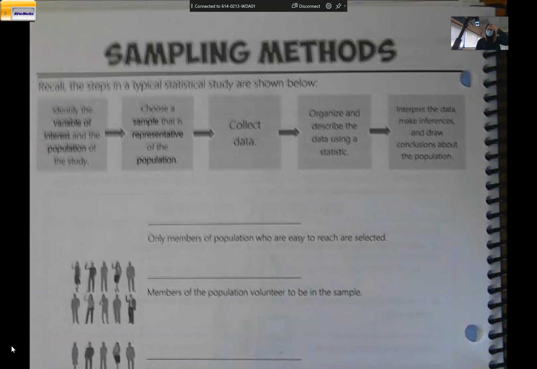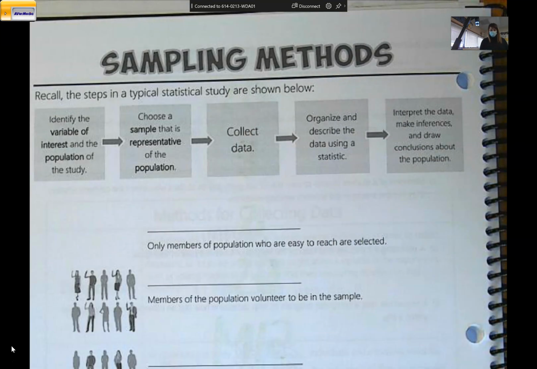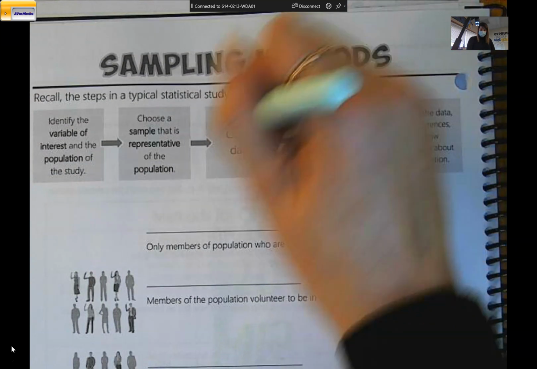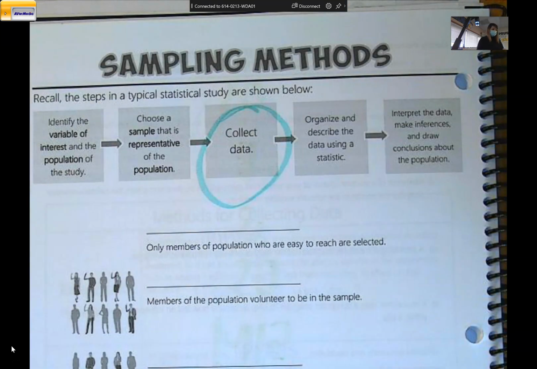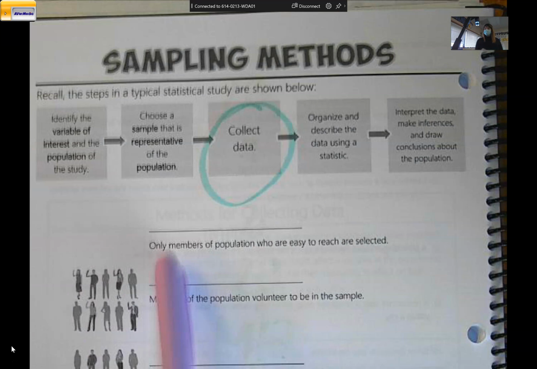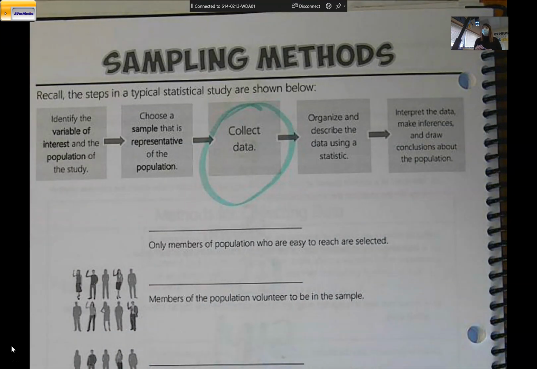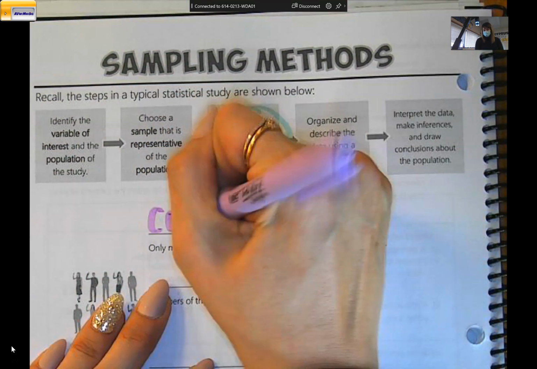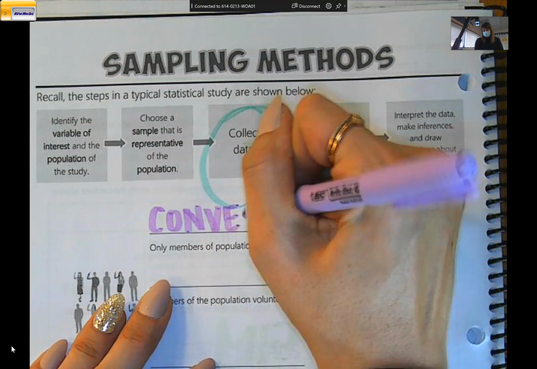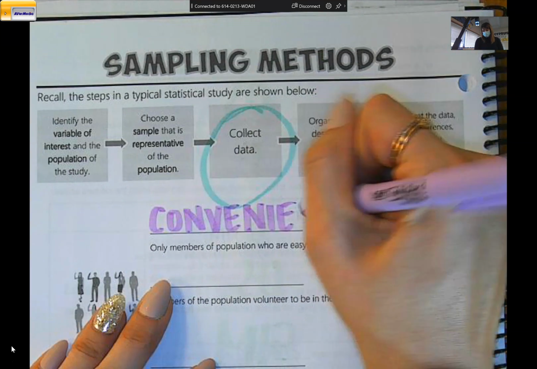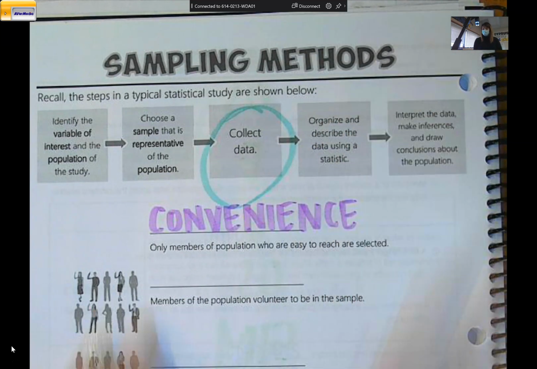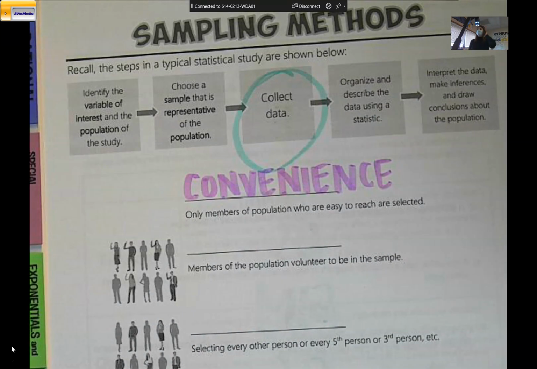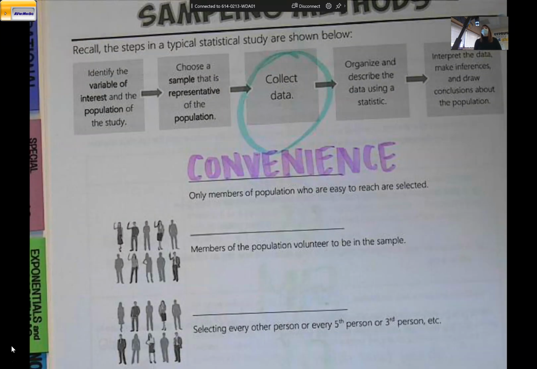Okay, so these we're still on collecting data. The first one says, only members who are easy to reach are selected. This is a convenience sample. So the first blank is convenience sample. Only people who are easy to reach are selected.